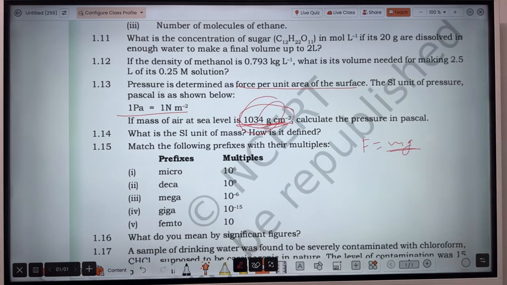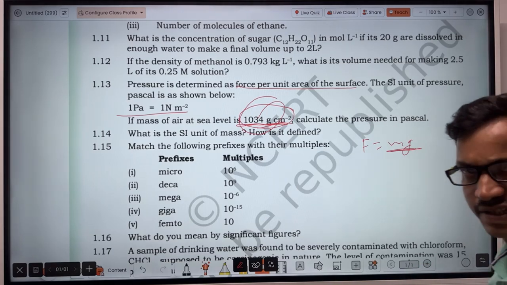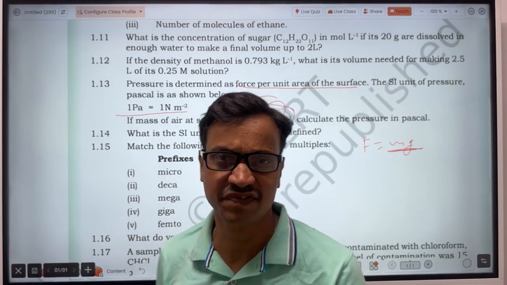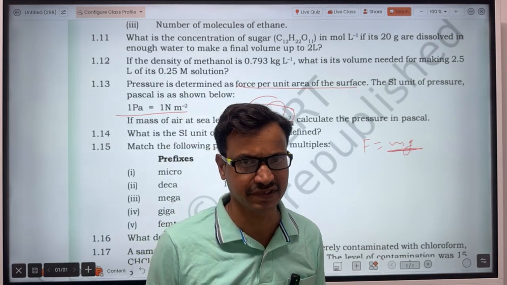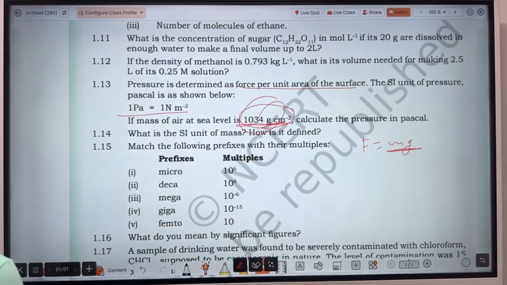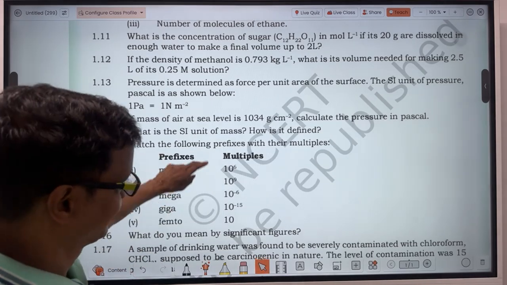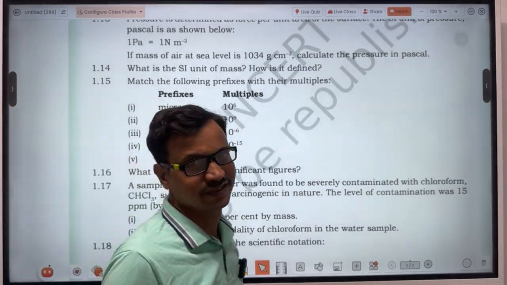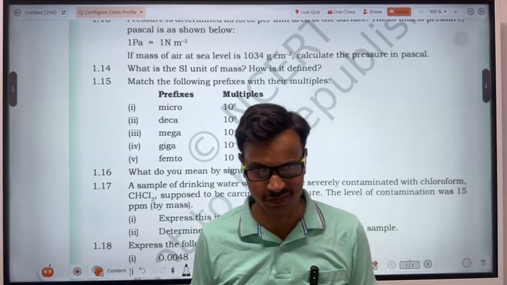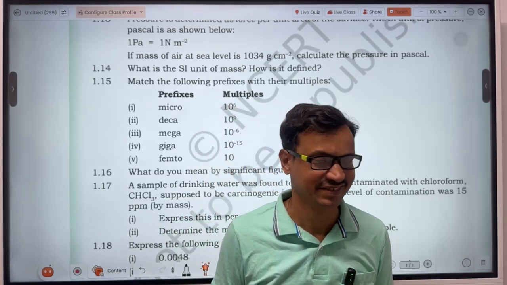So force per unit area will be mg, and that will be the pressure. Clear guys? This is related to physics, but that is the method, try to do it this way. If you feel difficulty, the team Educate is always ready to help whoever would like to take help.